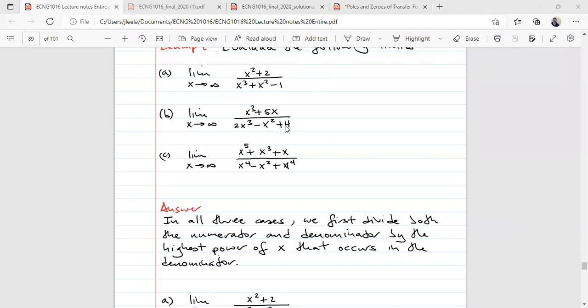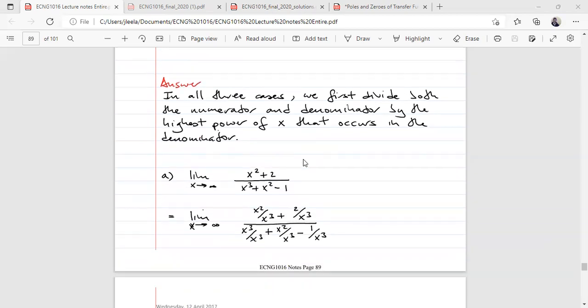Similarly, the highest power in the denominator is x cubed in the second case, so you divide both numerator and denominator by x cubed. And in the third instance here, the highest power in the denominator is x to the power 4, so you do likewise in the last instance.